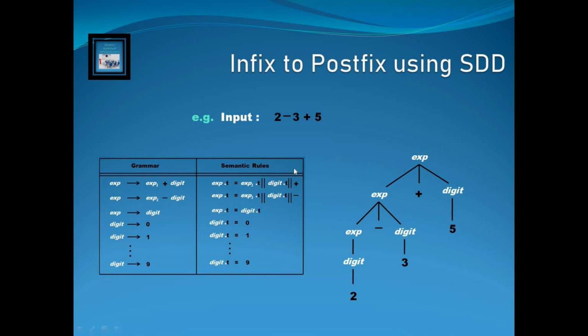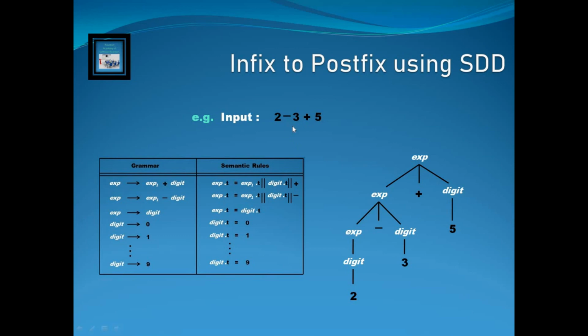In order to compute the output, the postfix form for this infix expression, first of all we will draw the simple parse tree for this sequence of tokens. Using this grammar we can draw this parse tree.